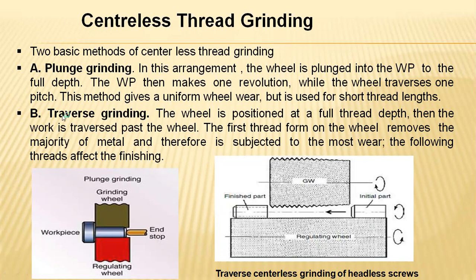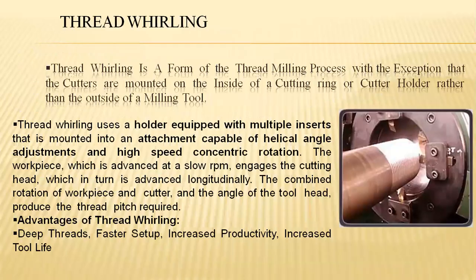In the case of this traverse grinding process, the wheel is positioned at almost the full thread depth, and then the work part is traversed past the wheel. Hence, it removes the material at its MRR, and the respective threads will be produced on the work part at a maximum finishing level.